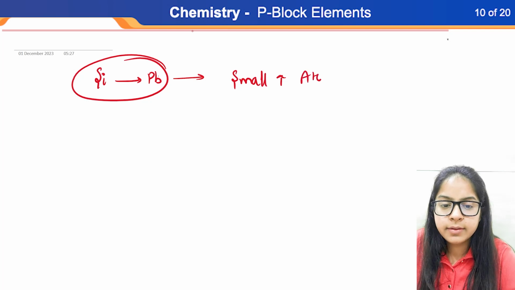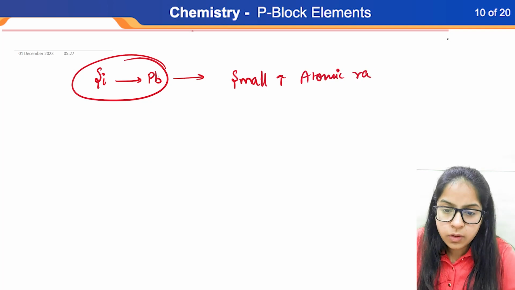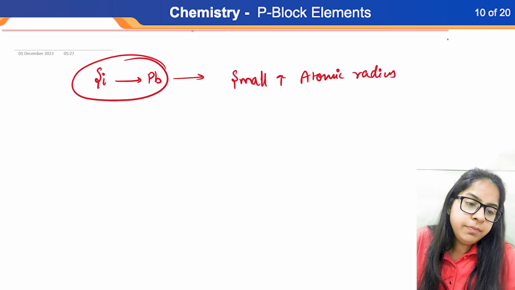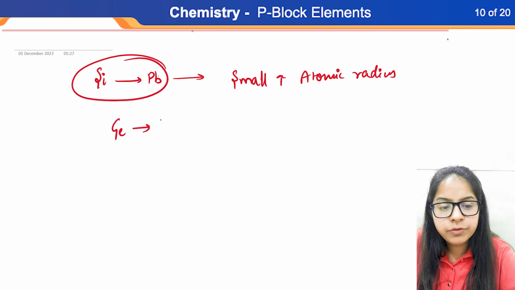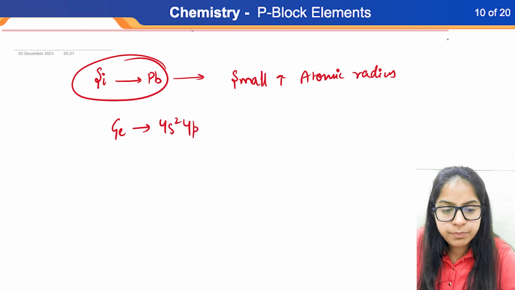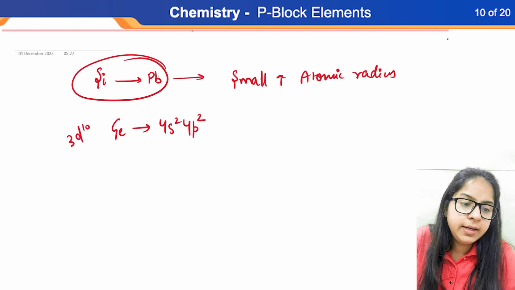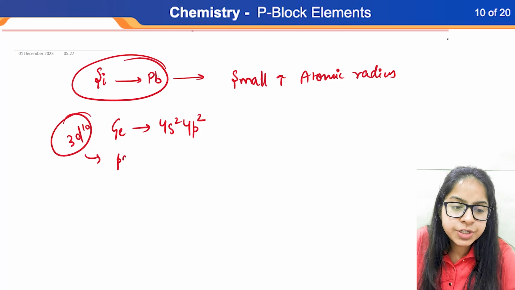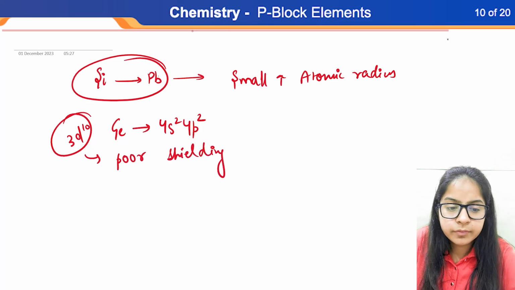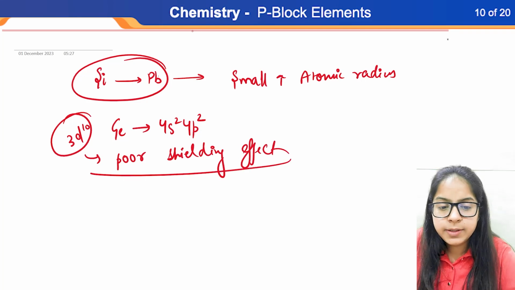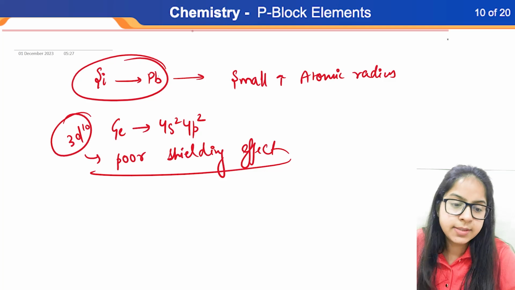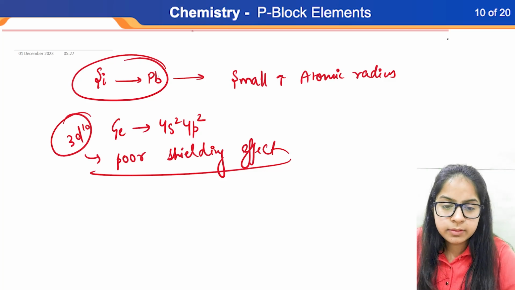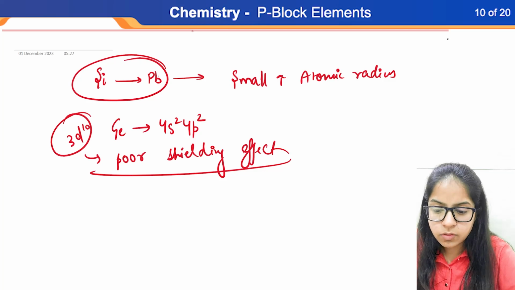Because from germanium, before the filling of 4s2 4p2, there are 3d10 electrons which have a poor shielding effect. Because of this poor shielding effect, the outermost orbital is more strongly attracted to the nucleus. That's why the increase in atomic radius is not that much.